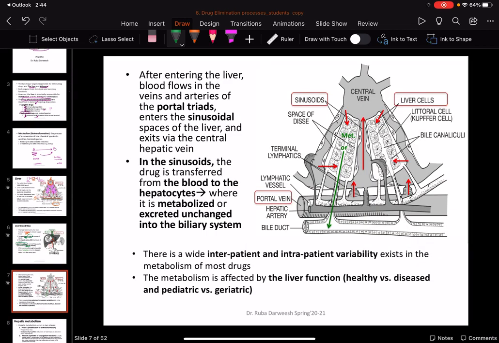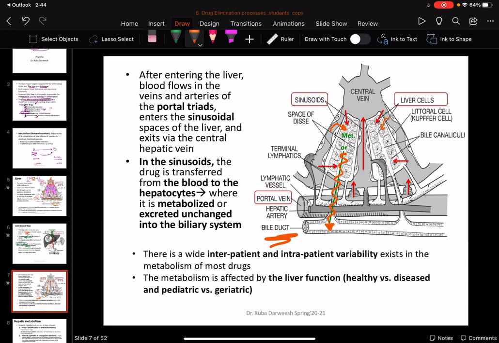And as I mentioned in a minute, the drug will transfer from the blood into the hepatocytes in the sinusoids of the lobule, and there in the hepatocytes we will have metabolism through different hepatic enzymes, or the drug goes under excretion through the bile into the bile duct.